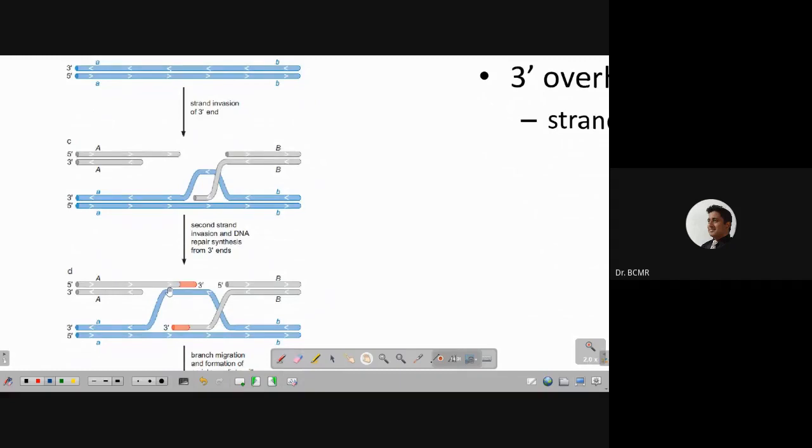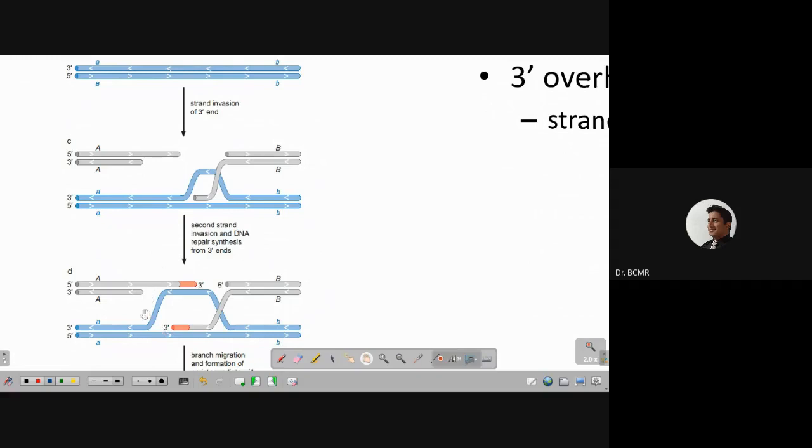Because they are complementary, the top strand will base pair with this, and DNA synthesis will start from this 3' overhang based on this DNA molecule. Now, which one is acting as the template? The lower strand, the blue strand, is acting as a template here, and it is going to synthesize the DNA like this. What's happening in the lower one? Similarly, this is a 3' OH, and you have a template, so DNA polymerases will keep synthesizing the DNA.